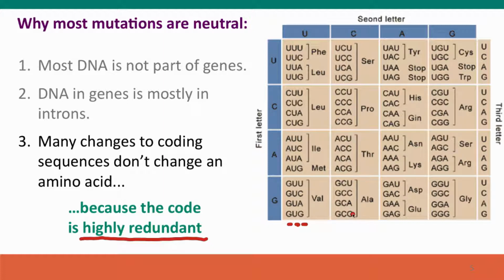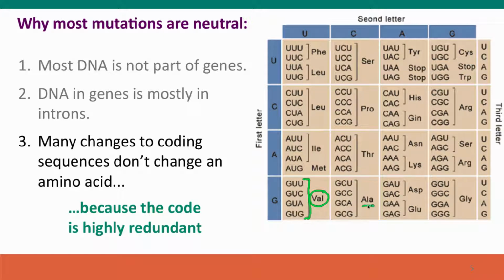So the result of the evolution of the genetic code has been that most amino acids, such as valine, are specified by groups of codons. Here, 4 related codons, they differ in their third position, all specify valine.